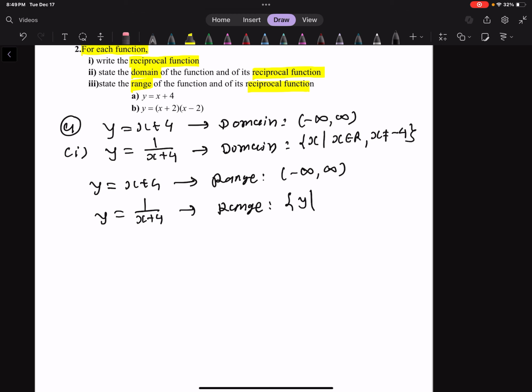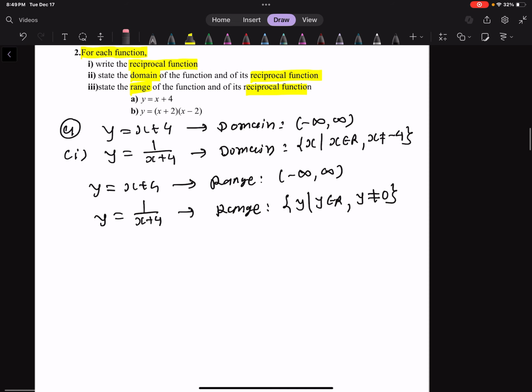So y belongs to R except 0. If you plug y equal to 0, we get 0 equals 1 over x plus 4. Cross multiplying, 0 equals 1. That's not true. So that's the reason y equal to 0 is the restriction.